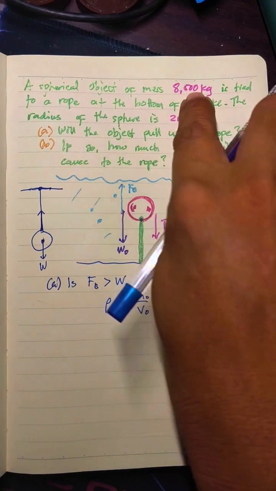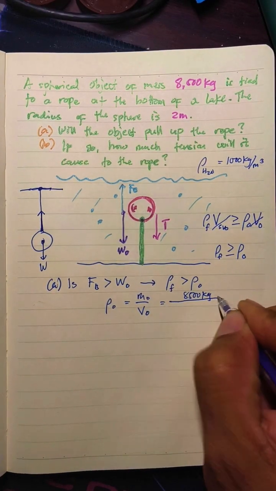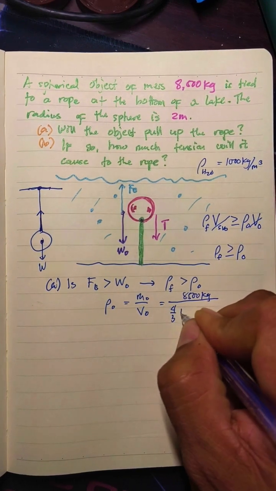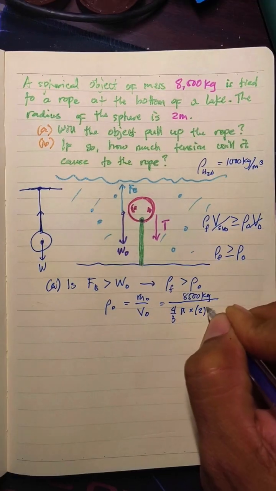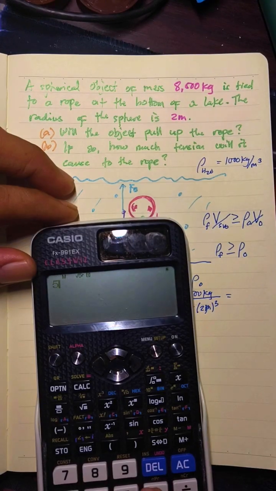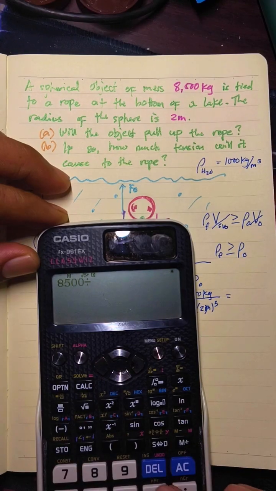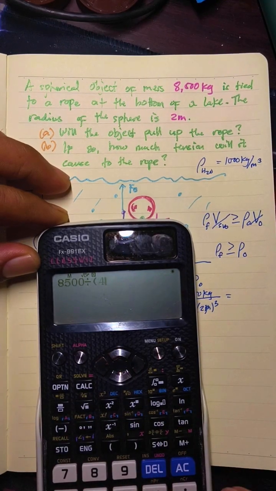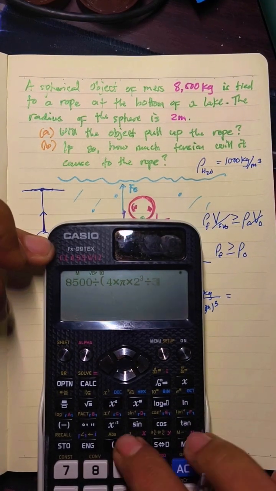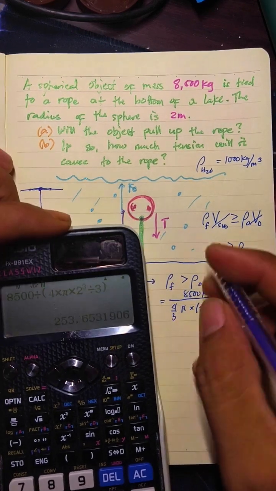The mass is given, 8,500 kilograms, over the total volume of the object, which is 4 thirds pi times 2 meters cubed. That is 8,500 divided by (4 times pi times 2 cubed divided by 3).